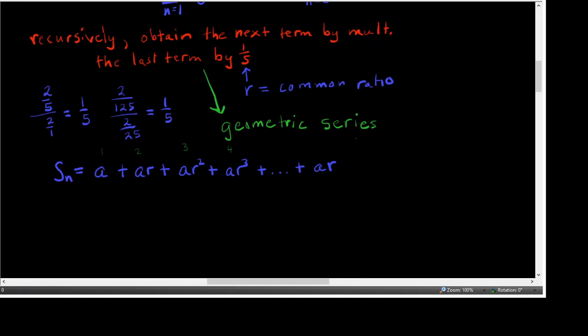So when I get to the nth term, if I want to put an n up here, how is that number in green above related to the power of R? Hopefully you're seeing that the exponent is always that number in green minus 1. That's what that should be.